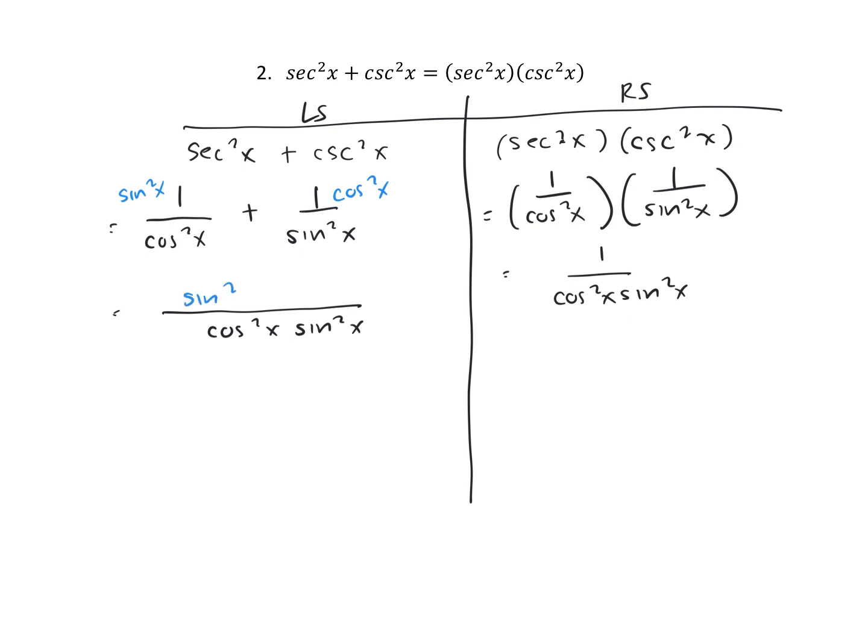So in the numerator, I get sine squared plus cos squared x. Looking at the right, the numerator is 1, and I know that sine squared plus cos squared equals 1, so I will replace that. And then the left side equals the right side.